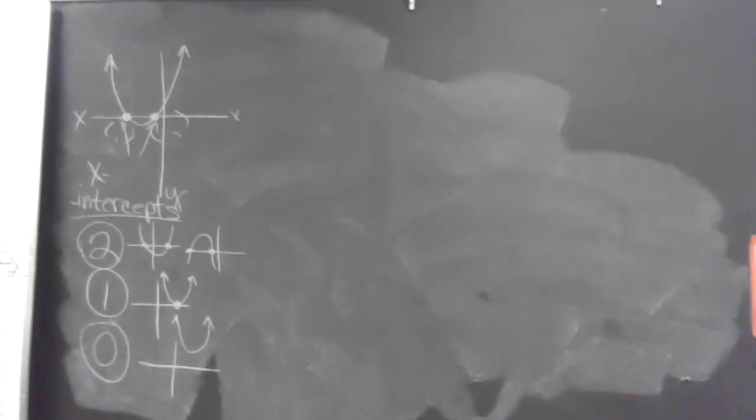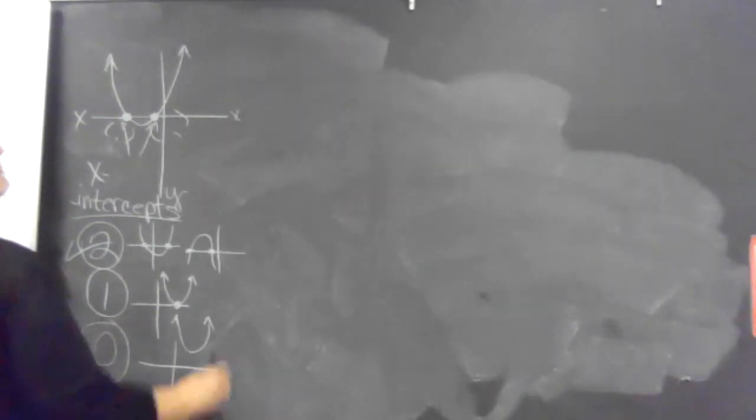And you see that it's never, ever going to touch the x-axis. So on x-intercepts, the most common is you're going to have two. But there could be a parabola with one. There could be none.